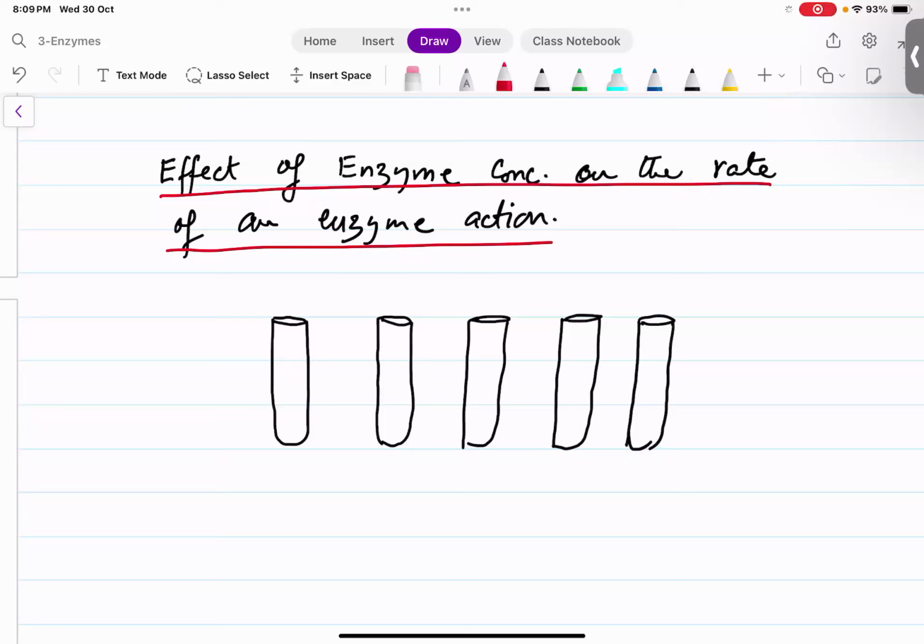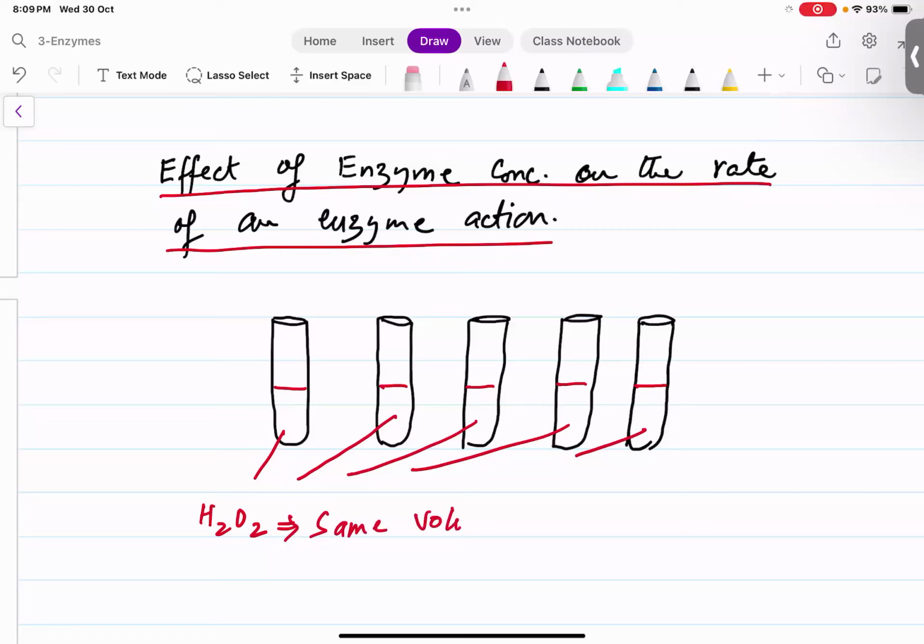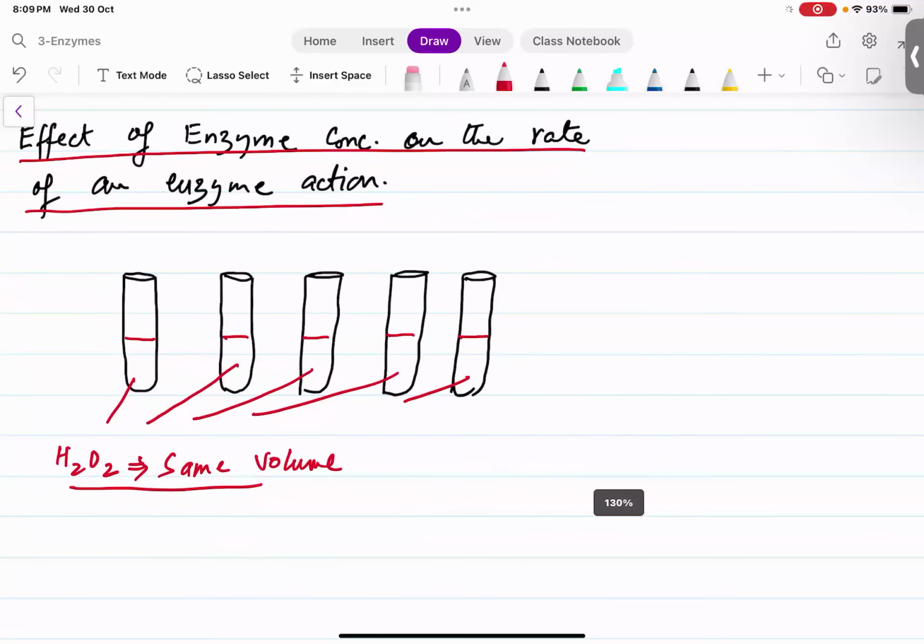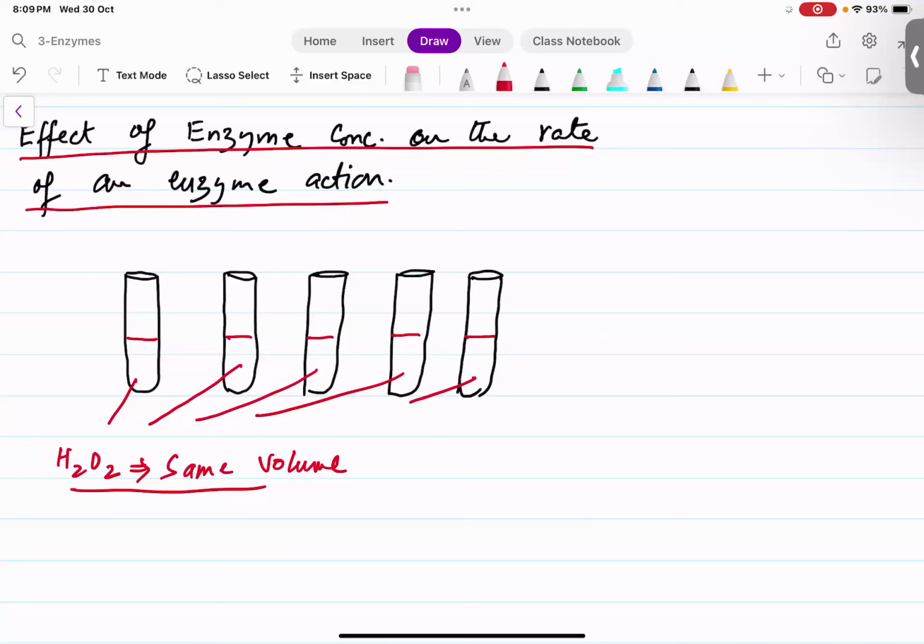In each test tube, we put same volume of hydrogen peroxide, H2O2. Okay, so same volume, same volume. Then what we do, we prepare different concentrations of an enzyme catalase.